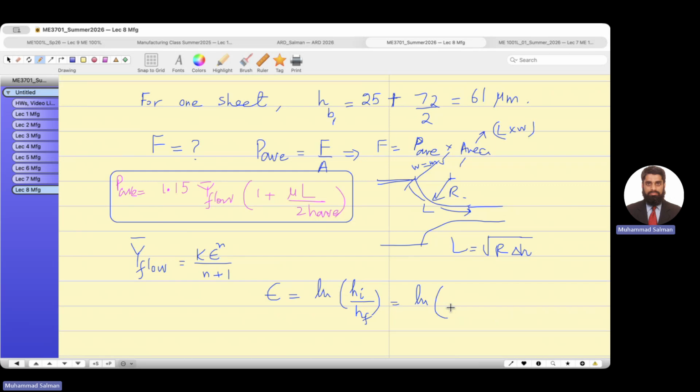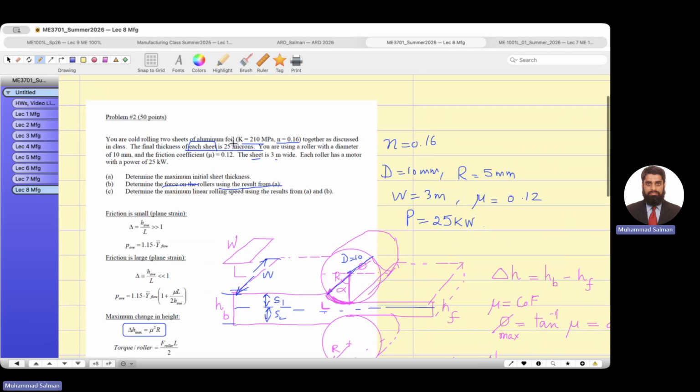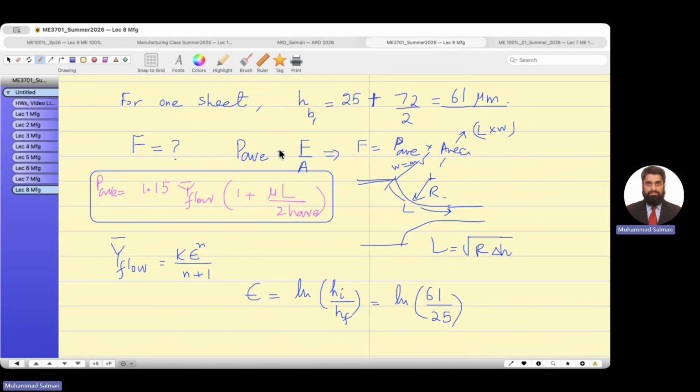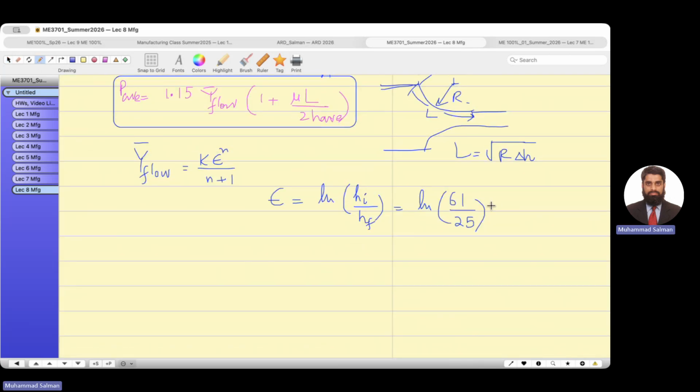Initial height is 61 micron of each sheet divided by the 25, which is given in our problem. The final thickness is given. So if we do the math here, it should be equal to 0.89. Do you verify that?